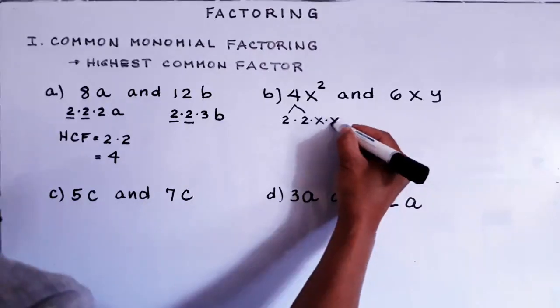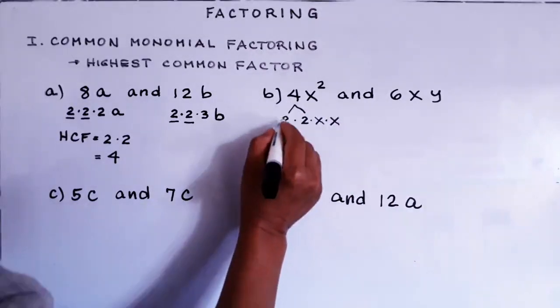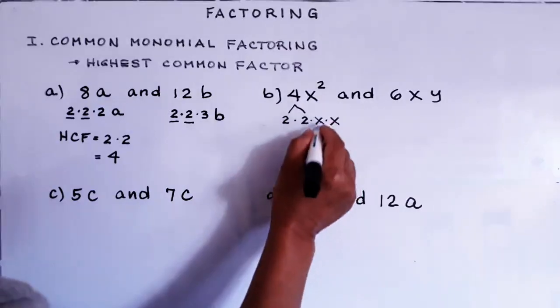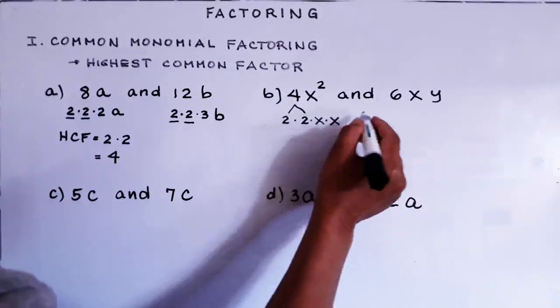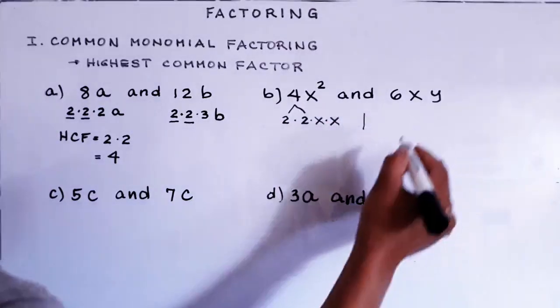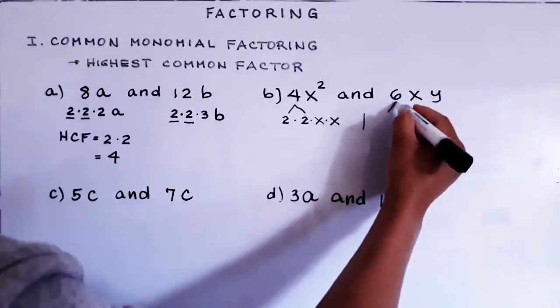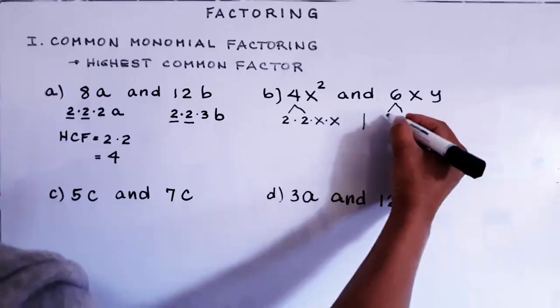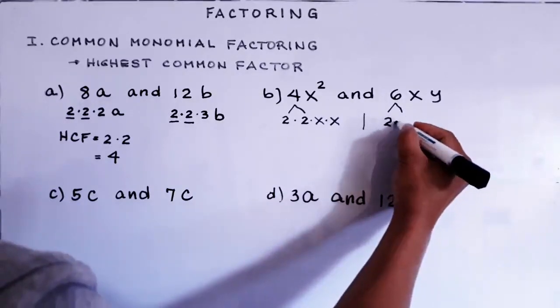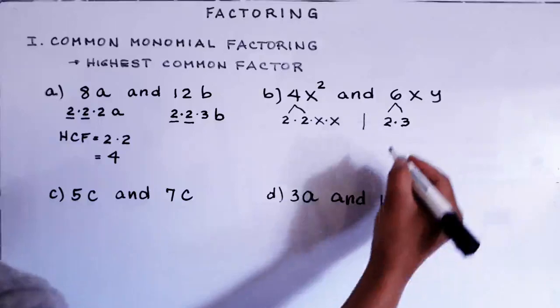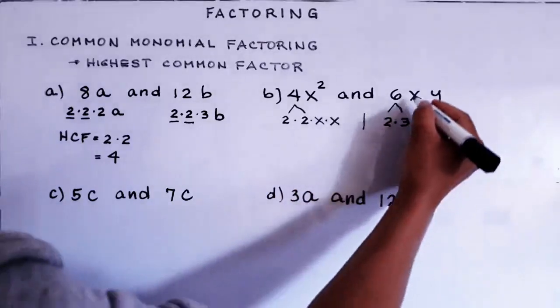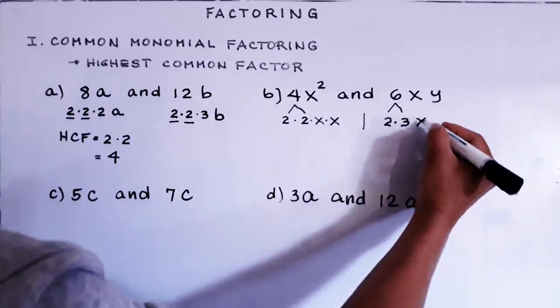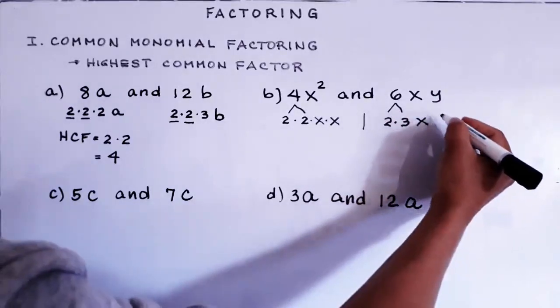So 2x has 2 times 2 for the 4, and x squared is x and x. Alright, and 6xy. We divide 6 into prime factor form. We have 2 times 3 only. And x, you copy the x. There's nothing to break with the x because it's a single x.